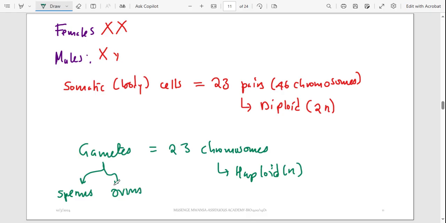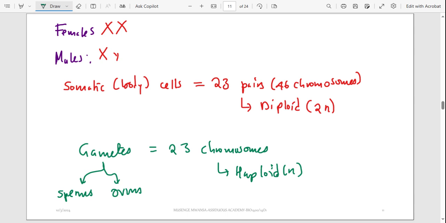If the ovum comes together with the sperm, then you form something that has 23 pairs now. It's now a pair because you are getting from your mother and also from your dad. Otherwise, the gametes only have 23 chromosomes. Hope this statement is clear and we have understood. This is very, very good for us to understand.